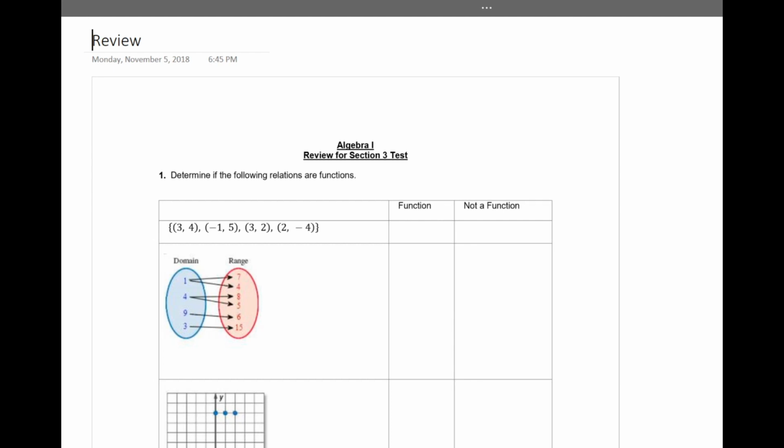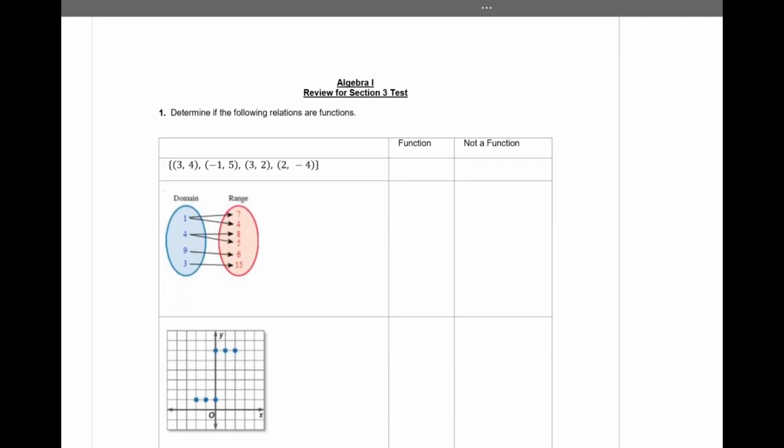Okay, so determine if the following relations are functions. Before we get started, remember that x is not allowed to cheat. You should all have this in front of you. If you do not, that means you either lost it, which you can get a copy of in Focus as well.